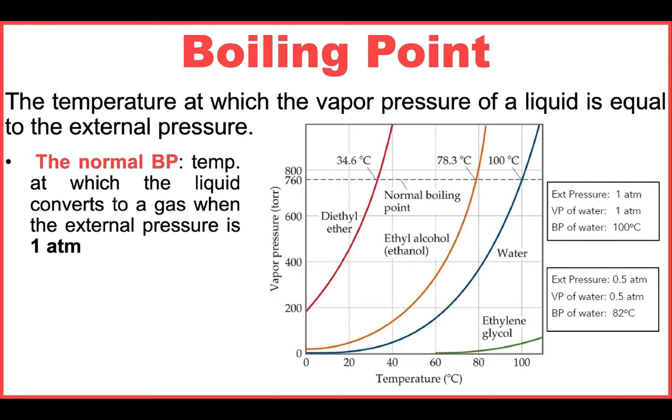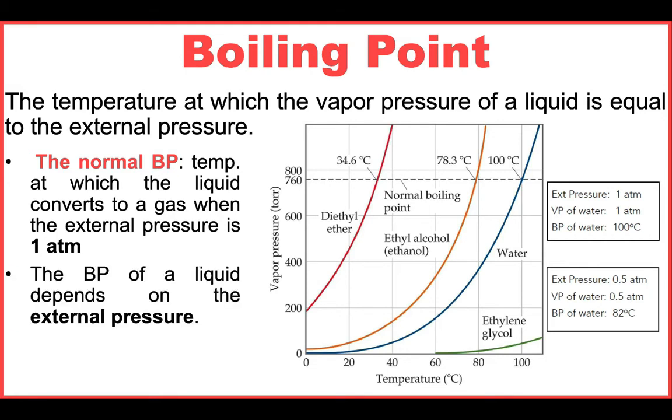Some books call it the abnormal boiling point. For example, at 1 atmosphere, water boils at 100 degrees. But if the pressure is reduced to 0.5 atmospheres, water boils at only 82 degrees Celsius. That's the not normal boiling point. Remember that this boiling point is related to the molar heat of vaporization.